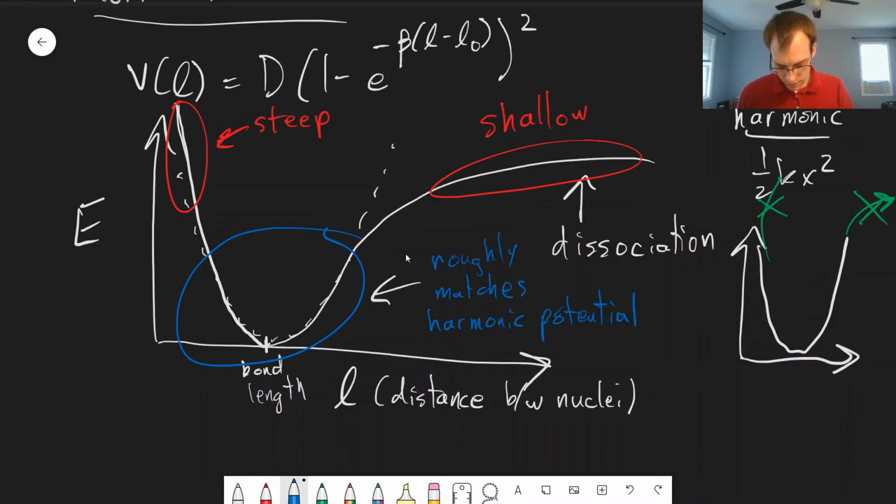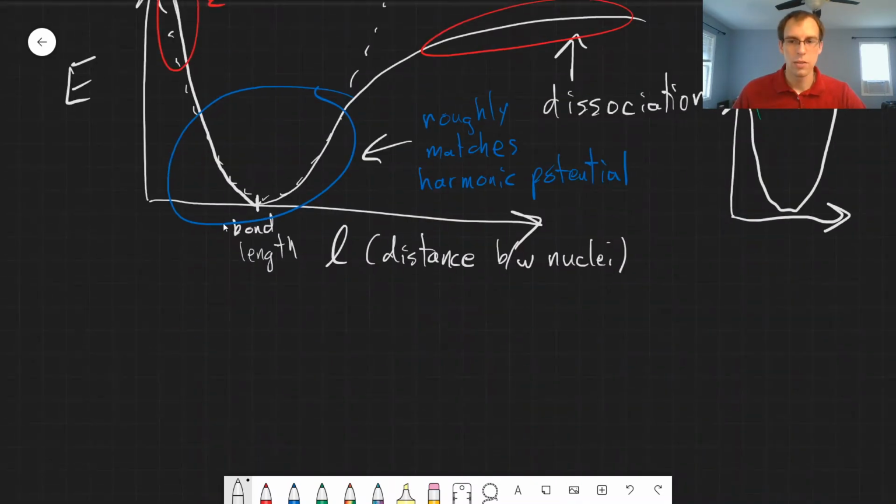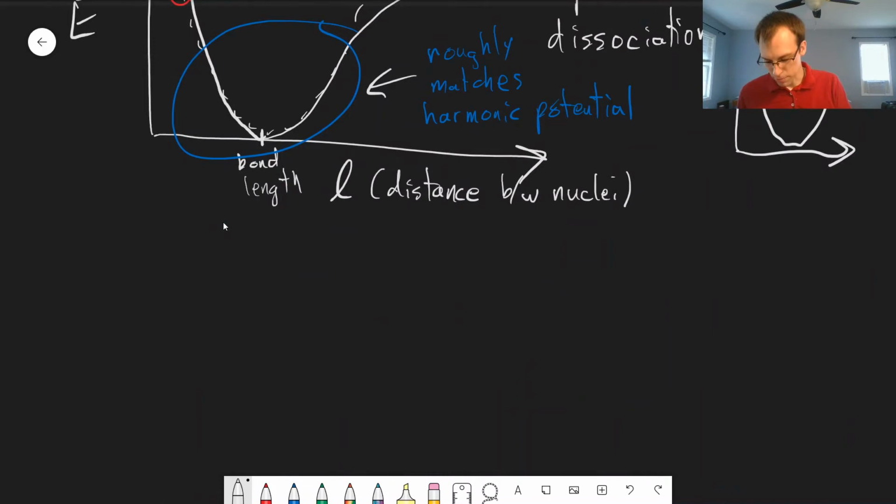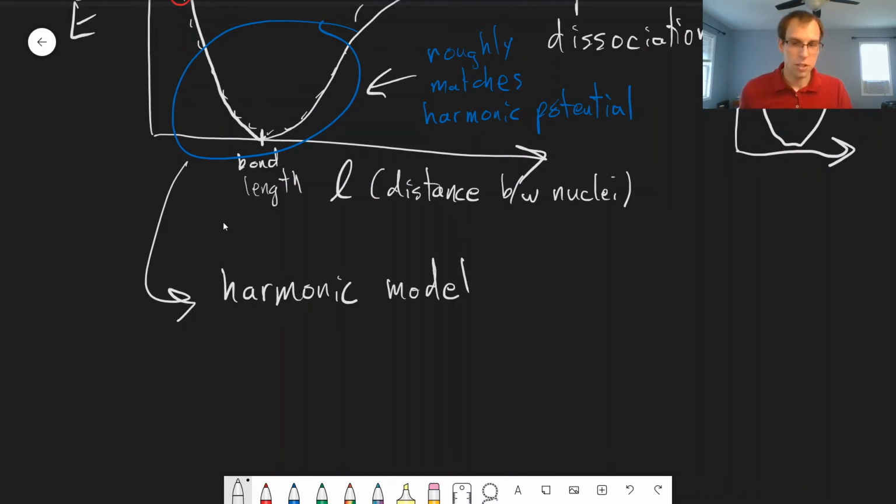What that means is that when the molecule is near the bottom of this potential curve, the harmonic model works quite well.